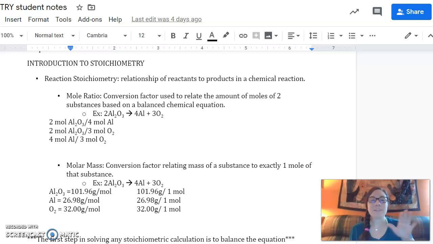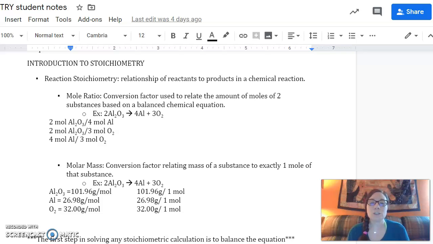So today we're going to talk about limiting reactants. Now, just so everybody recalls, I'm going to give you a little refresher on stoichiometry. Limiting reactants is just an extension of stoichiometry. So just to refresh your memories, we talked about two different types of conversion factors that you'll be using in all of these calculations, and it's still the same for limiting and excess reactants.